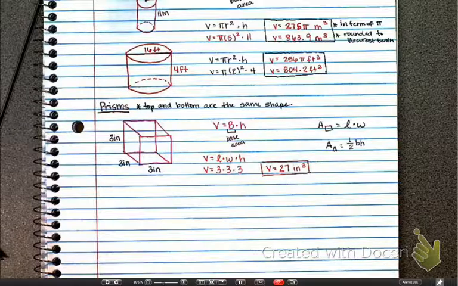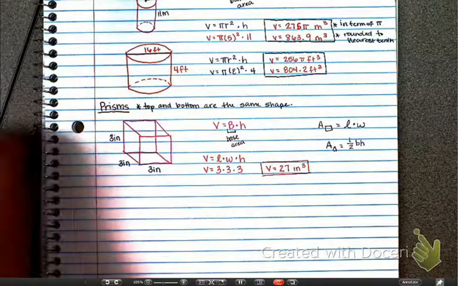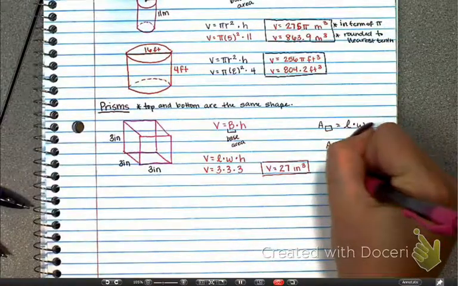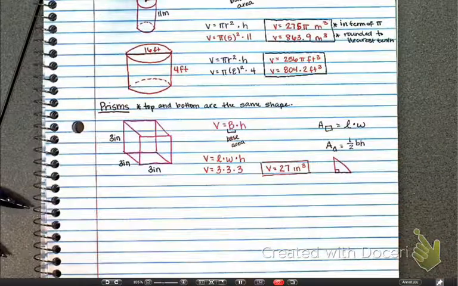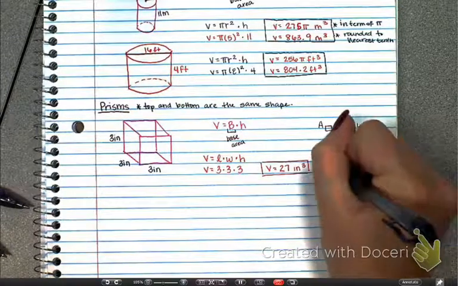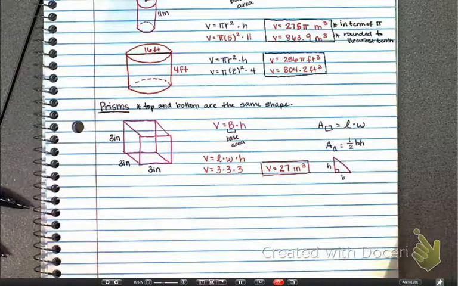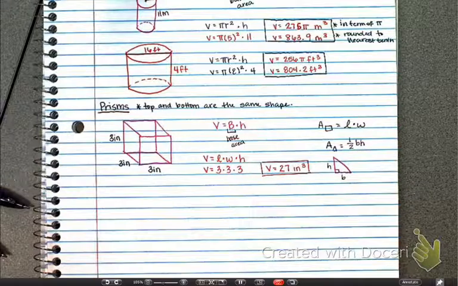There are 2 types of triangles that we're going to see. The first one is a right triangle, where the 90-degree angle is created by the triangle. Here is my height, here is my base. That one is the most obvious.